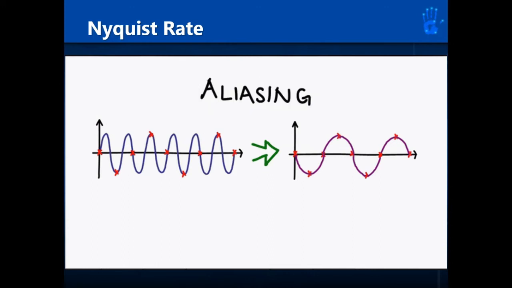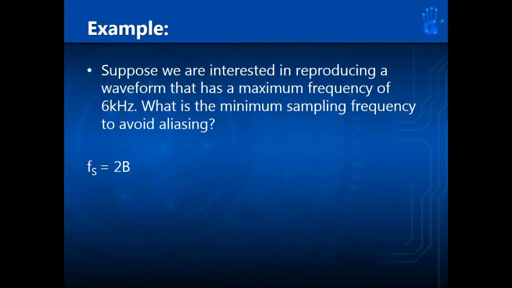Let's have an example. Suppose we are interested in reproducing a waveform that has a maximum frequency of 6 kHz. What is the minimum sampling frequency to avoid aliasing? Let's recall the Nyquist rate. To avoid aliasing, our sampling frequency must be greater than or equal to twice the maximum frequency of our signal.